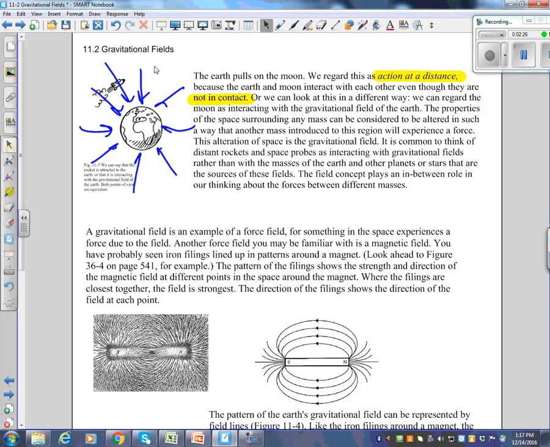Are we currently in the Earth's gravitational field? Yeah, we are. Can you feel it? Can you see it? Does it exist? Well, yes and no. No, it doesn't physically exist. You can't see it or touch it or smell it. But it's a model of what's happening.